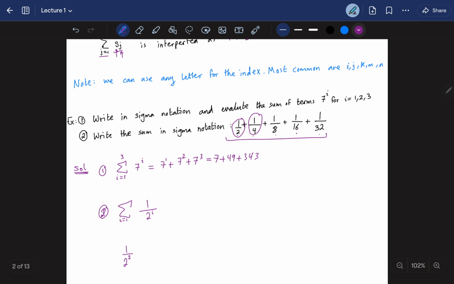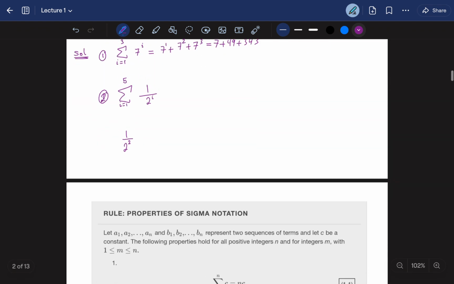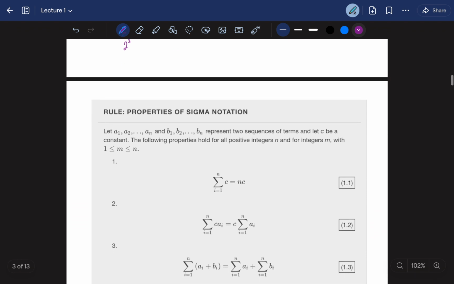So where do we stop? If you look at the last term here, I got 1 over 32. And I know that 2 to the 5th is 32, which means I need to stop my summation at 5. Okay, so that's the general notation for the sum. It's just something that we use to describe certain terms added up.